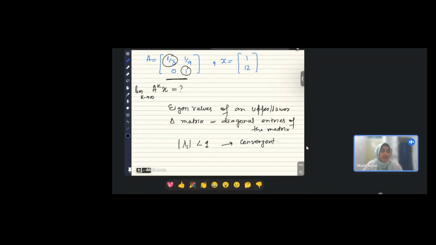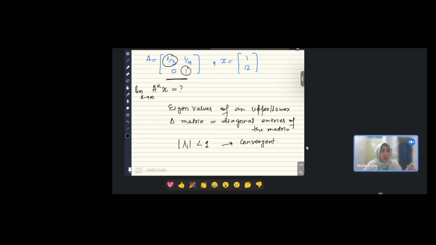In previous lectures, you have studied the process of diagonalization, so we can approach this question with that. We will diagonalize the matrix A to the power k, and find the modal matrix P, then we can write A to the power k as P into D to the power k and then into P inverse.